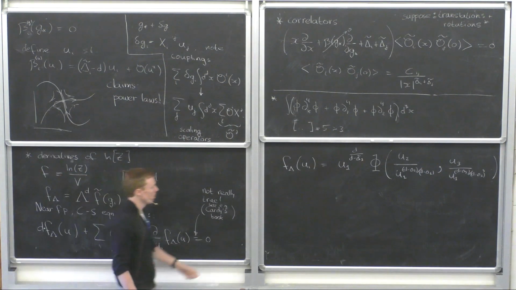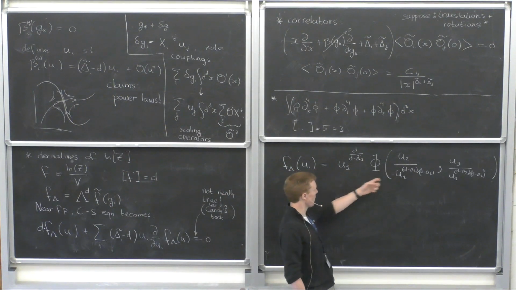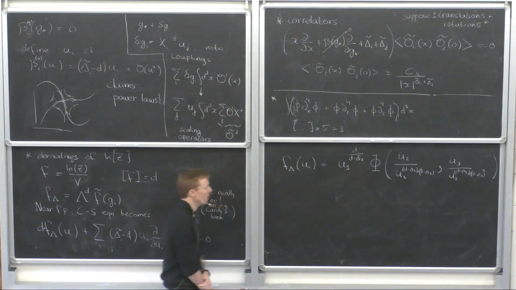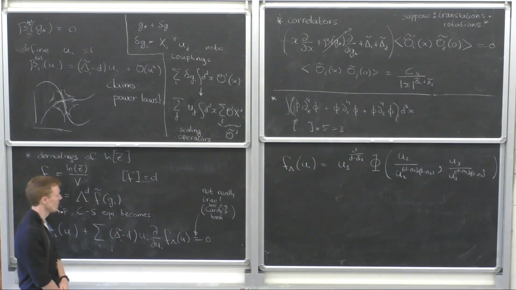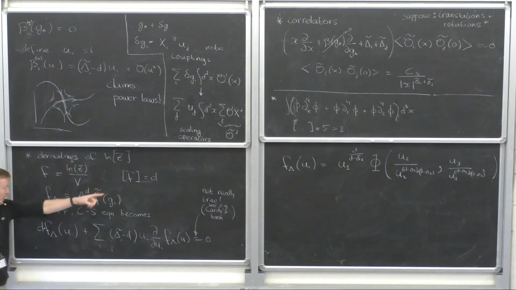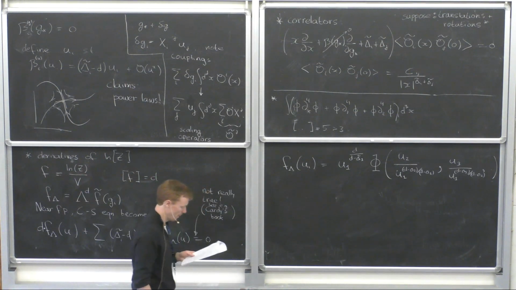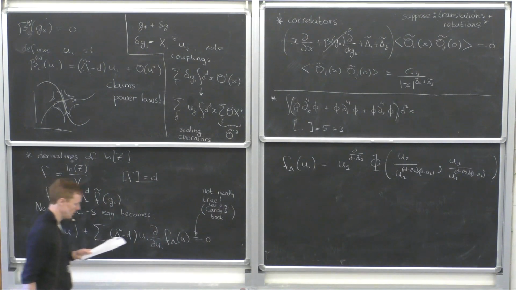It can only depend on strange combinations of the u's with some funky powers. My claim is that this solves this equation for any capital Phi, and I'll leave it to you to verify that. And then, of course, you get the power laws from this.